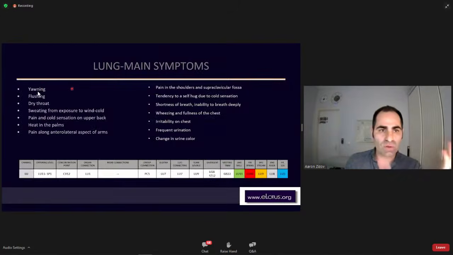We talked about all the functions and the symptoms of the lung. And then again here, opening the channel with lung 11, spleen 1. If not, we said we can work with the Yuan point instead. I will just give this example, I will write it down to make it clear once.